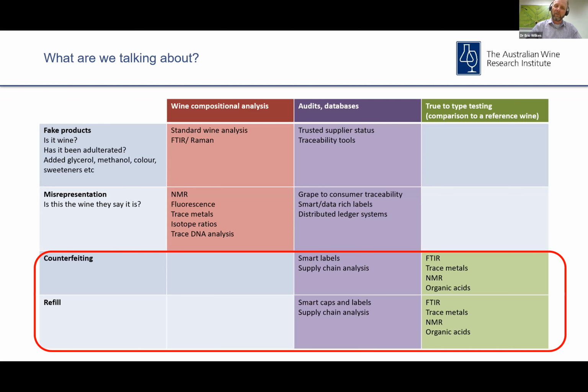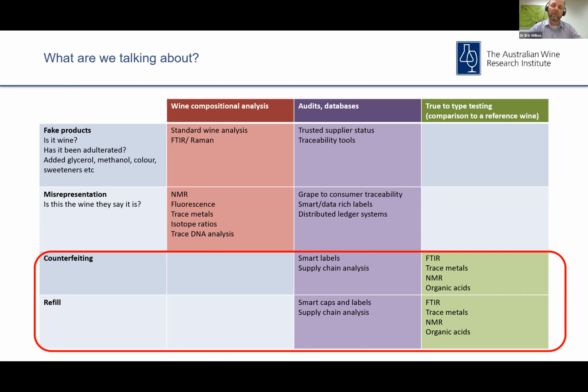Now, the next 2 that people think of when we talk about wine fraud is counterfeiting and refill. And to put it bluntly, they're actually the easier ones to address in many ways. In the marketplace, once again, we can use things like smart labels, supply chain analysis. This is where people in the companies look to see where things are turning up in their market and, well, did we distribute them there? What's happening?